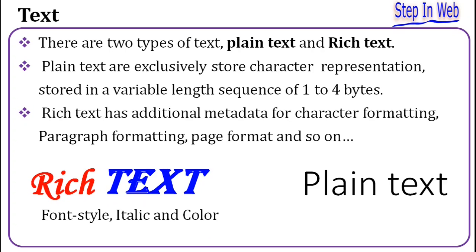Whereas rich text will store additional metadata for character formatting, paragraph formatting, and page formatting, so it occupies more space. Suppose you write one word, hello, in a plain text editor, it will occupy only 1 KB. That file size will be 1 KB only.